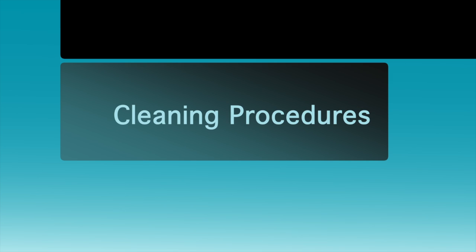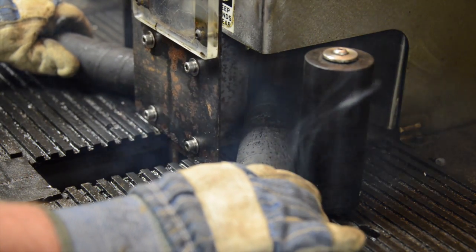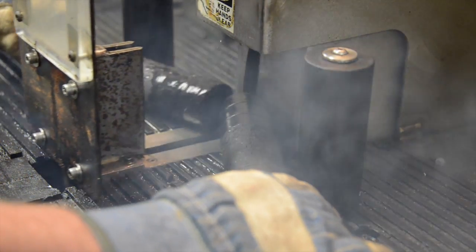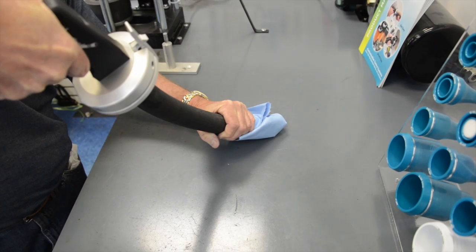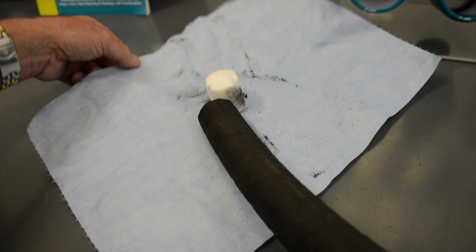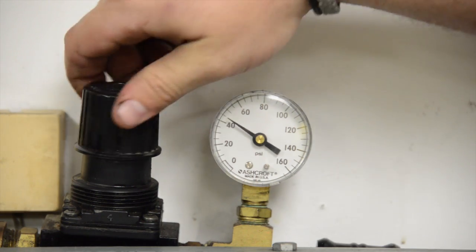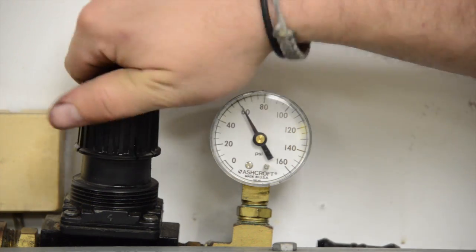Cleaning procedures. The contamination removal process for hydraulic hoses and tubes just got a whole lot easier and less expensive thanks to ultra-clean technologies. The first step in contamination removal is to make sure that you have a filtered and regulated air or inert gas source.